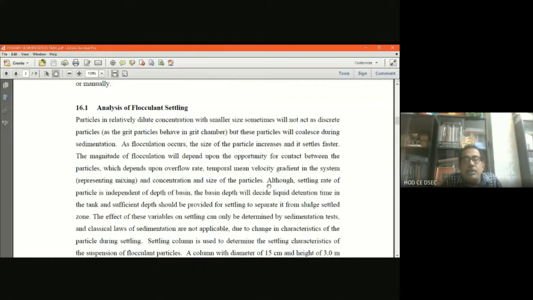The magnitude of flocculation will depend upon the opportunity for contact between the particles, which depends on the overflow rate and the mean velocity gradient in the system.